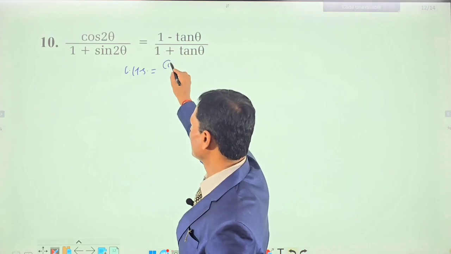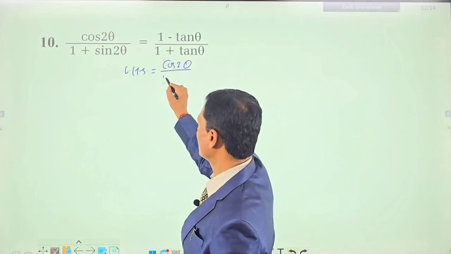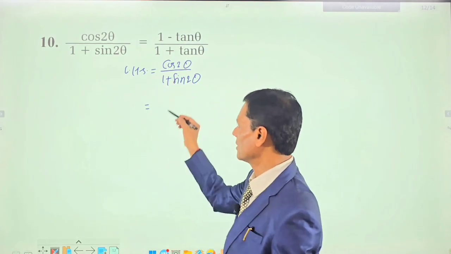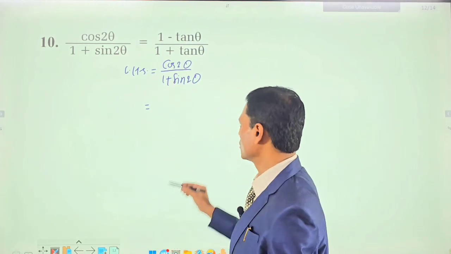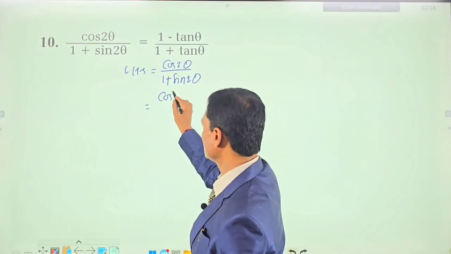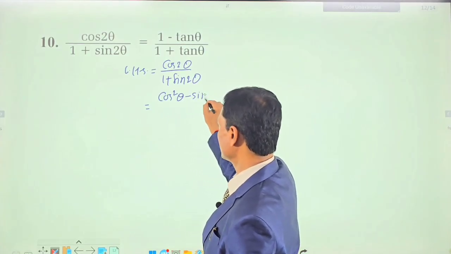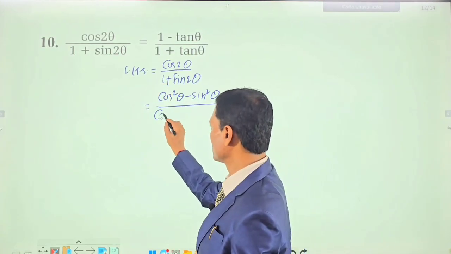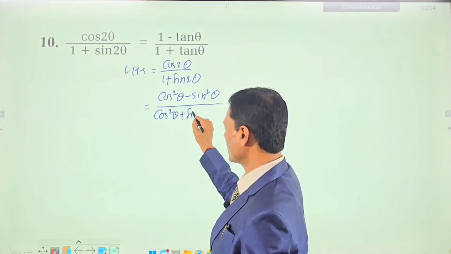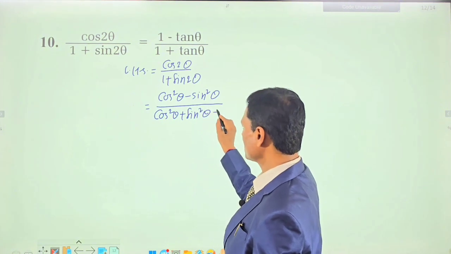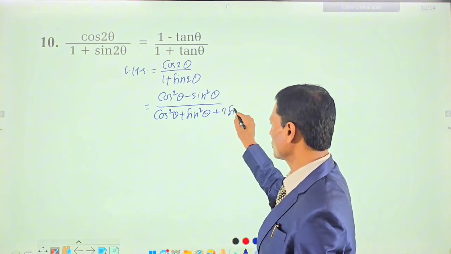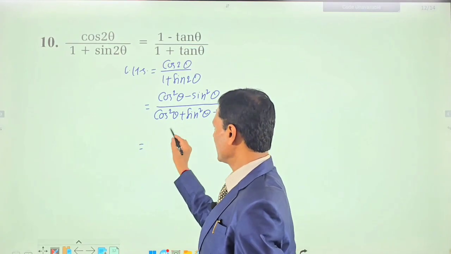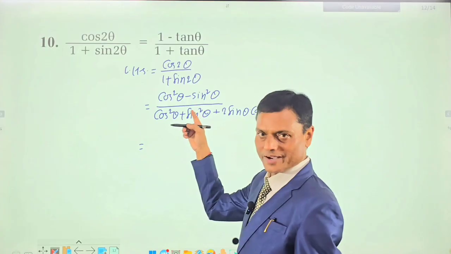Left hand side we have cos 2 theta over 1 plus sin 2 theta, isn't it? Now cos 2 theta, another formula we are going to apply. So cos 2 theta we have here cos square theta minus sin square theta, not to forget that. And here 1 means cos square theta plus sin square theta, and plus 2 sin theta dot cos theta, and after that we can write a plus b, a minus b, isn't it?